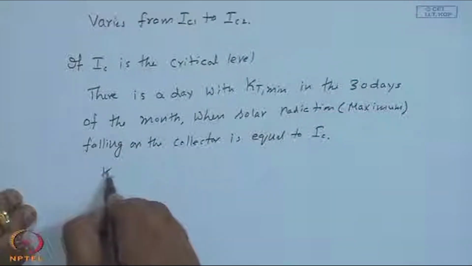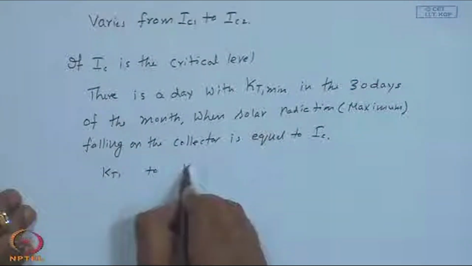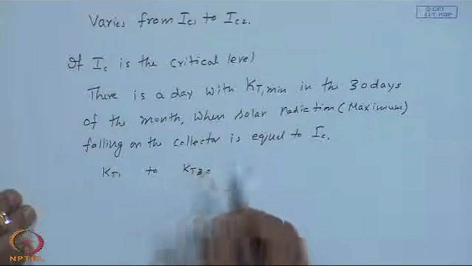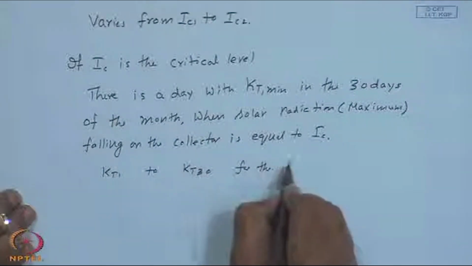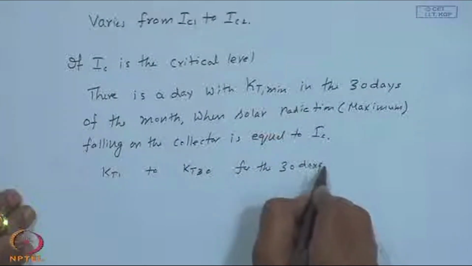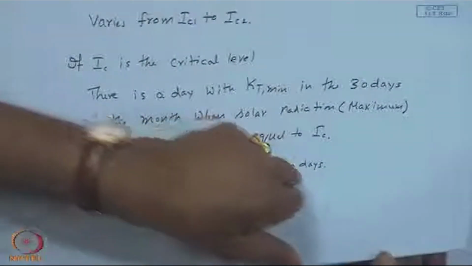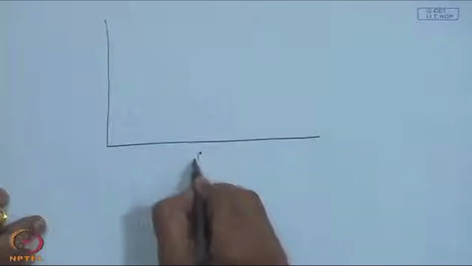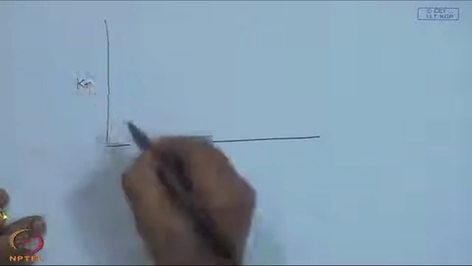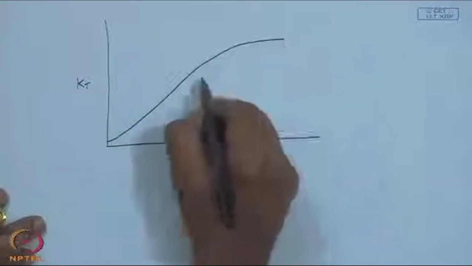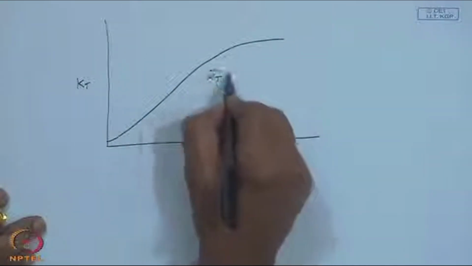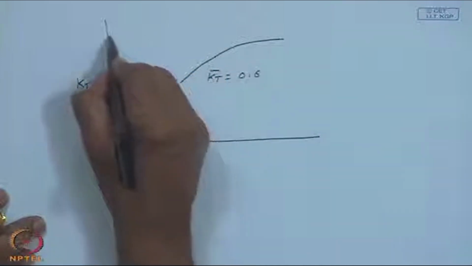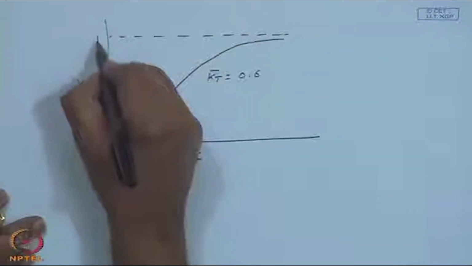If I have got KT1 to KT30 for the 30 days, whose distribution according to Liu and Jordan curves, cumulative frequency versus KT, for a given KT bar equal to say 0.6, this is approximately 1.